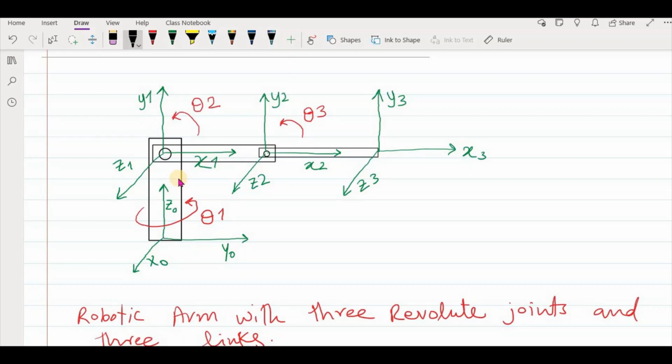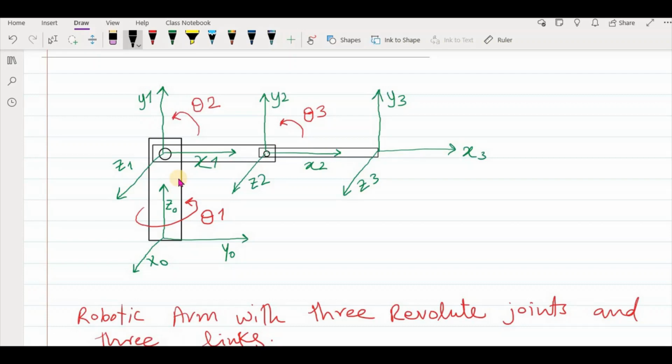But in the earlier case, the rotation and length both were about z-axis, so there is no chance to also put the x-axis toward the link length. Okay, so you notice that the y-axis doesn't have any significance in the DH notation. So you can also ignore this axis. We are only concerned with the z-axis and x-axis.